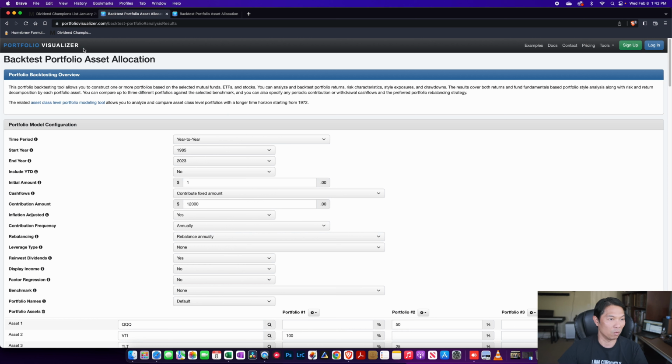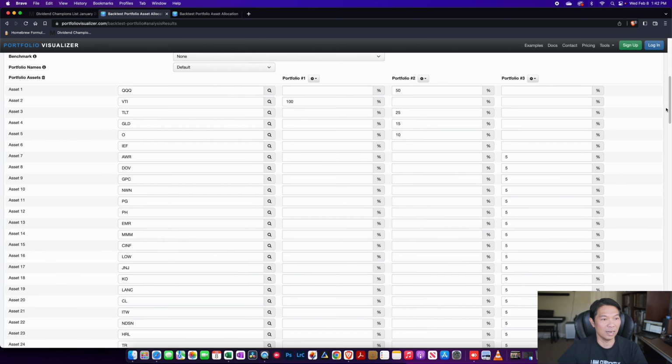Using Portfolio Visualizer and the portfolio asset allocation backtest, I went ahead and entered 100% VTI. So this is total stock market, 100%.